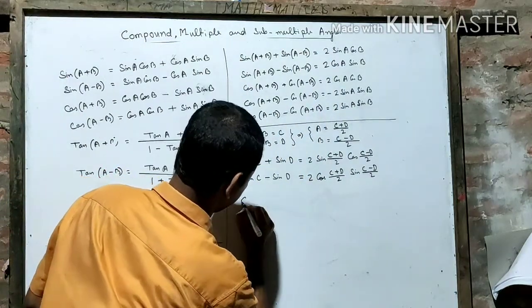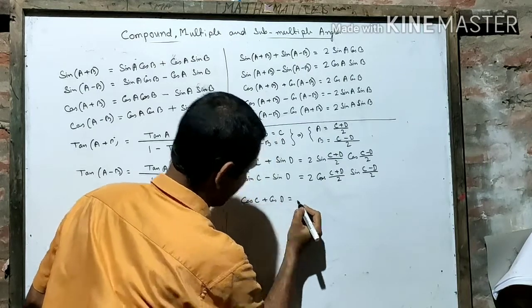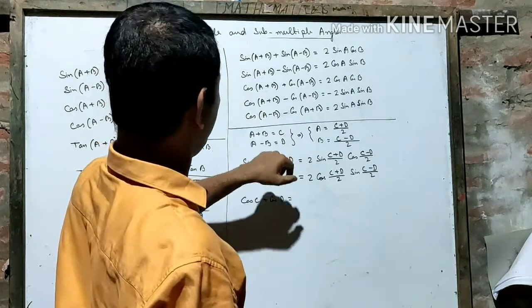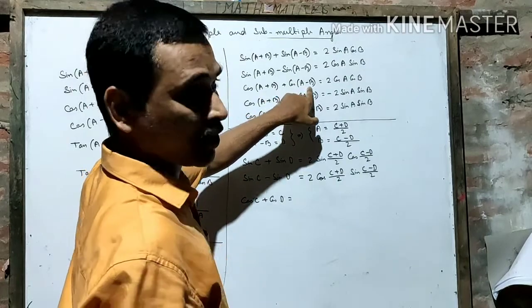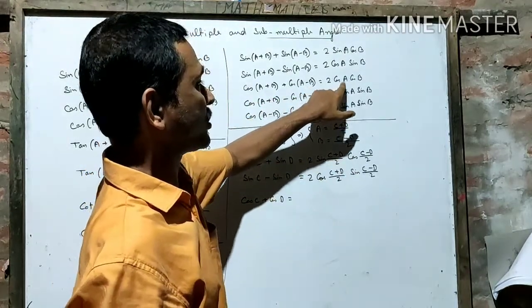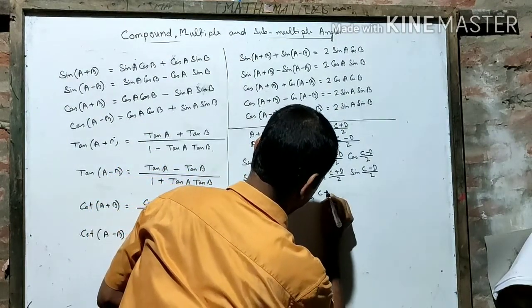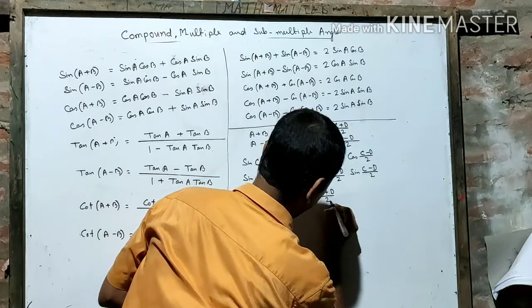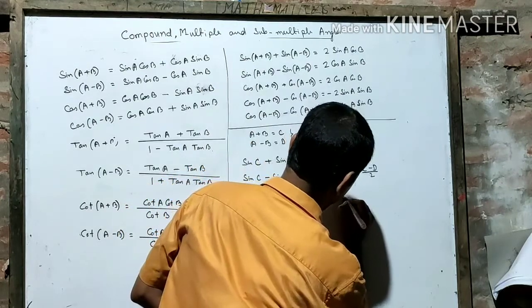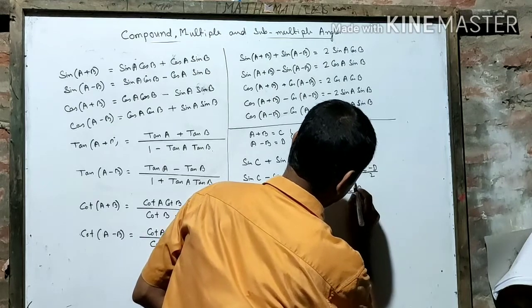Then cos C + cos D: A + B is C, A − B is D, equal to 2 cos A cos B. So it will be 2 cos((C + D)/2) cos((C − D)/2).